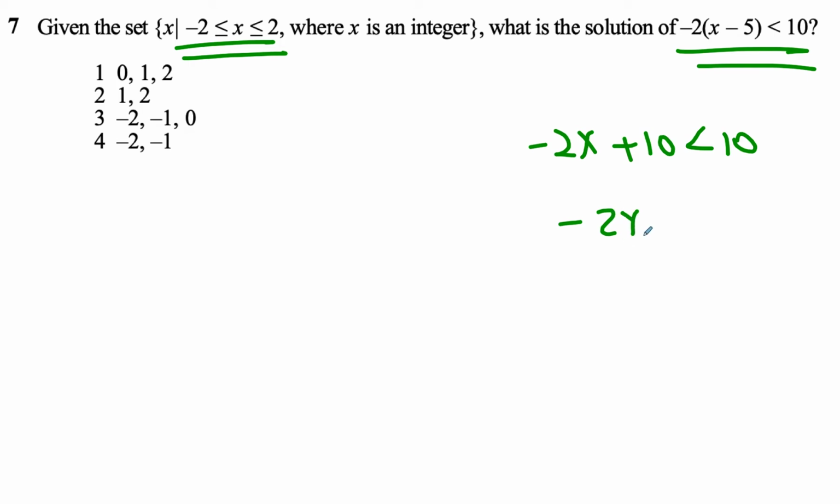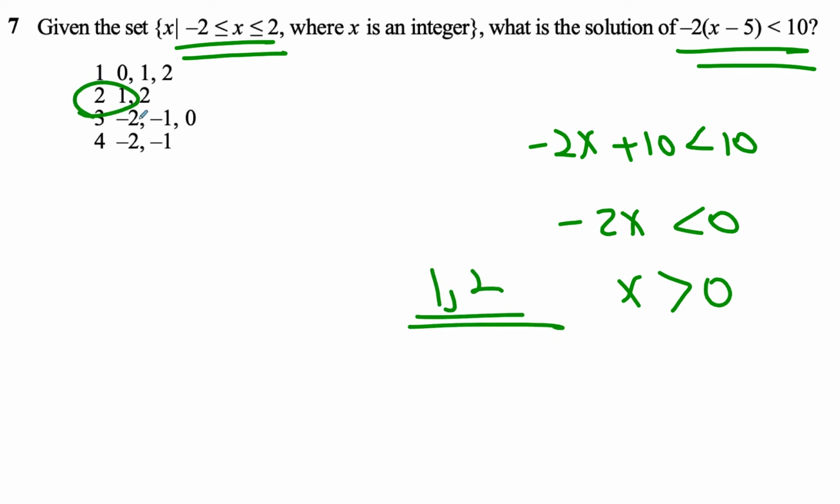So negative 2x is less than 0. When I divide by negative 2, x has to be compared to 0, but since I'm dividing by a negative number, the sign has to switch. So x has to be greater than 0. So what are the values that are greater than 0? 1 or 2? Which is choice 2, becomes the answer.